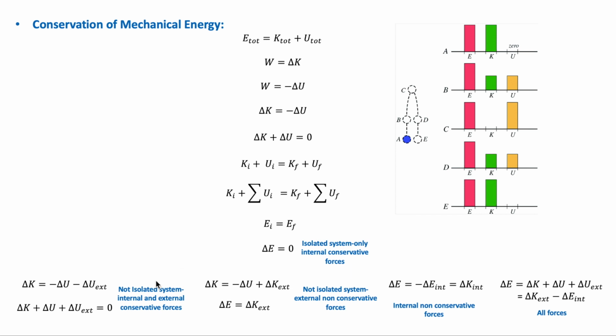So suppose we have a system that is not isolated and we have internal and external conservative forces. So in that case, the change in the kinetic energy of the system is equal to the work done on the system by the internal conservative force, which is equal to minus delta U, plus the amount of kinetic energy changed due to the external conservative force, which is equal to minus delta U external, okay?